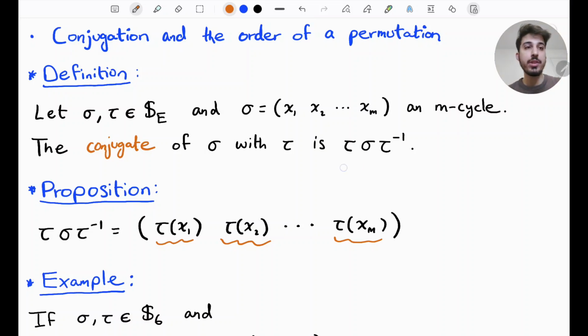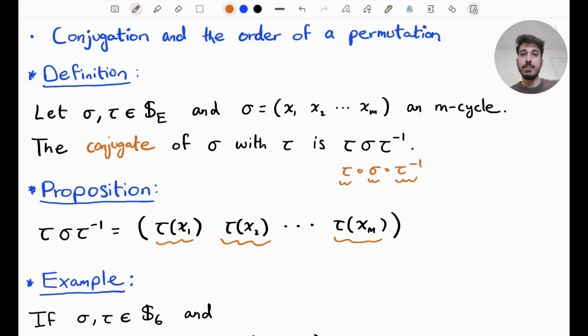So it is the composition of tau with sigma with tau inverse. So basically you apply tau inverse, then you apply sigma, then you apply tau. So this conjugate, in fact, is easy to calculate. You do not have to calculate it explicitly, because that would take some time.